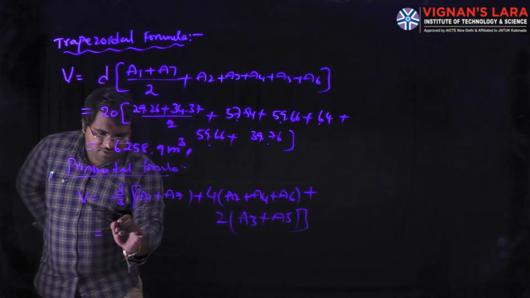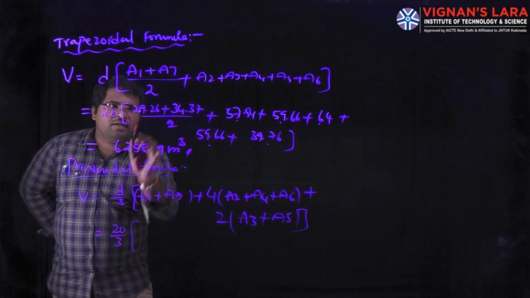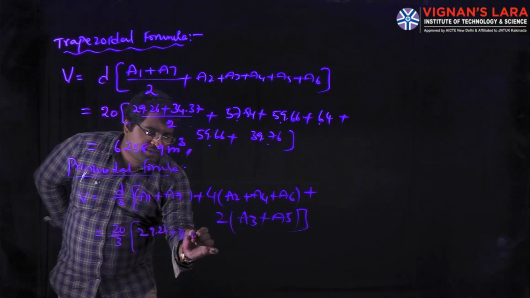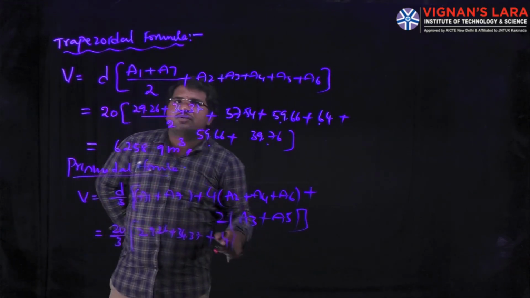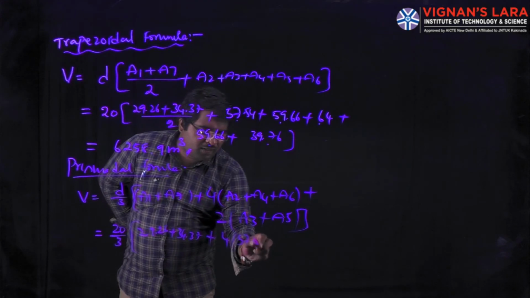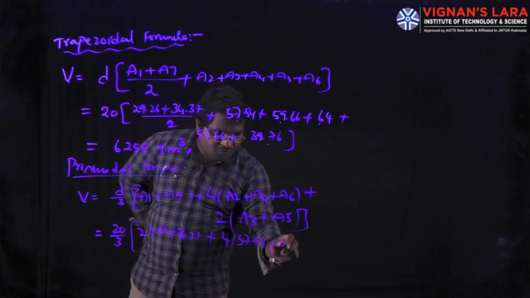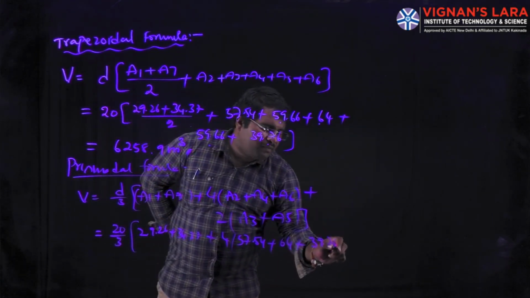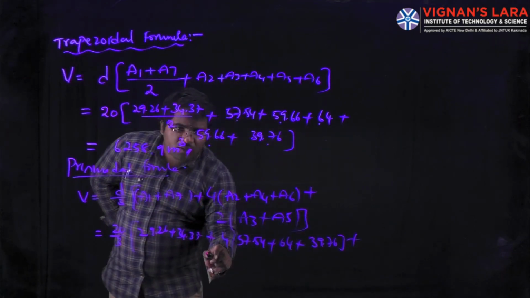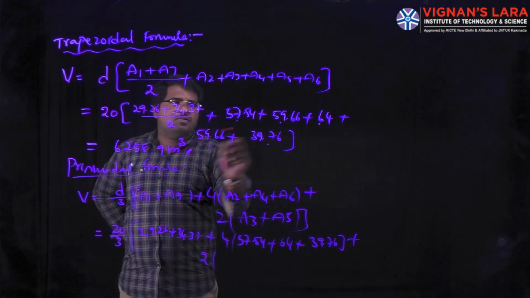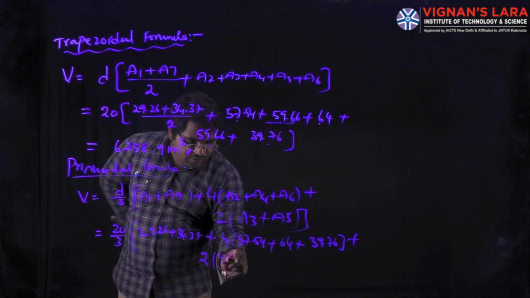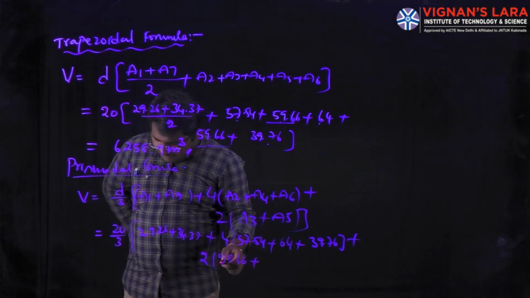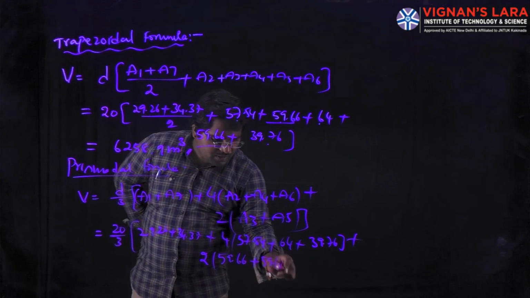Now we can substitute all the values: 20 by 3 into 29.26 plus 34.37, plus 4 into 57.54 plus 64 plus 39.76, plus 2 into A3, which is 59.66, plus A5, also 59.66.